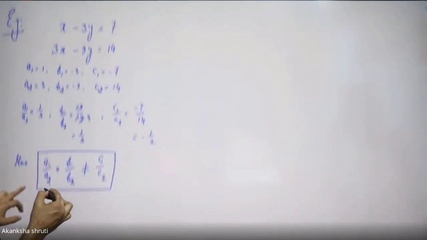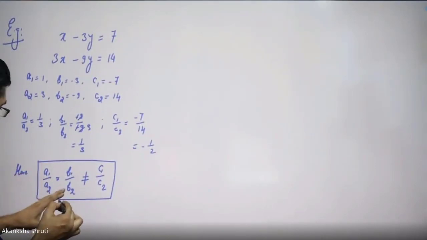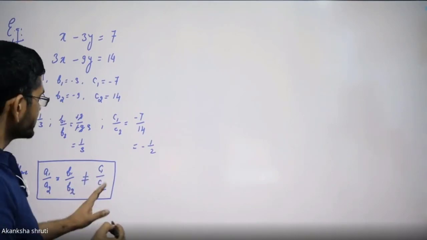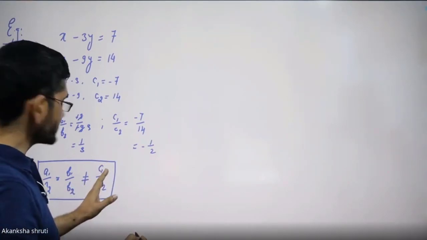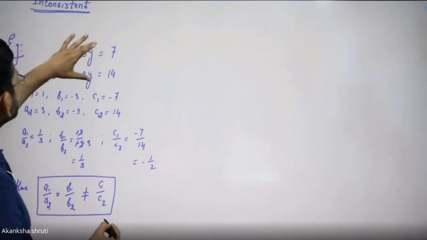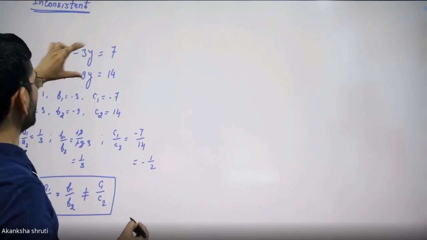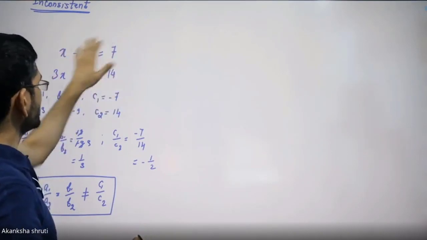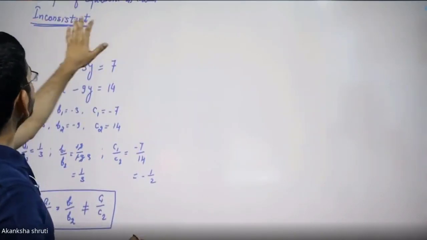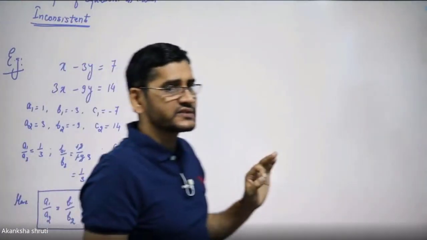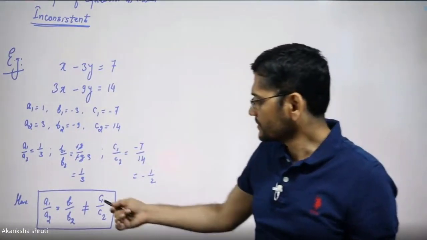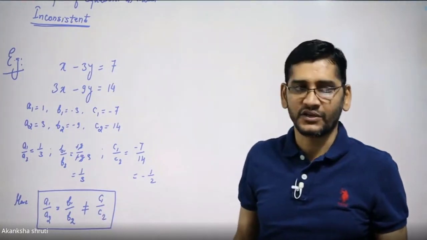The ratio of the coefficients of x and y are equal, but not equal to the ratio of the constant terms. Such equations do not have any pair or any value of x and y which satisfies both of them together. So such a pair of equations is called inconsistent. Inconsistent simply means it cannot be solved. So this is how to check consistency or inconsistency.